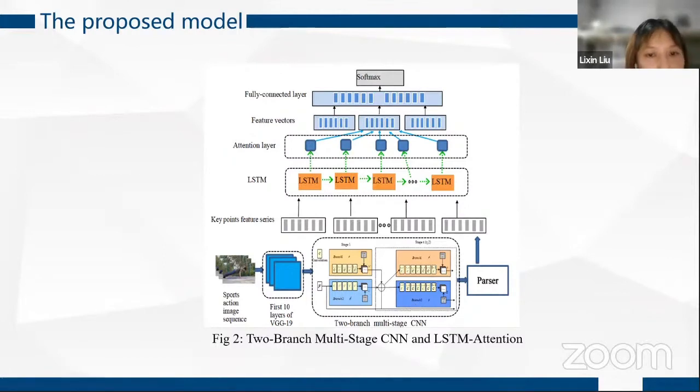For the temporal dimension, the sequences of key points feature maps are input to obtain the temporal features, and the LSTM attention model is applied to recognize the fitness action categories.